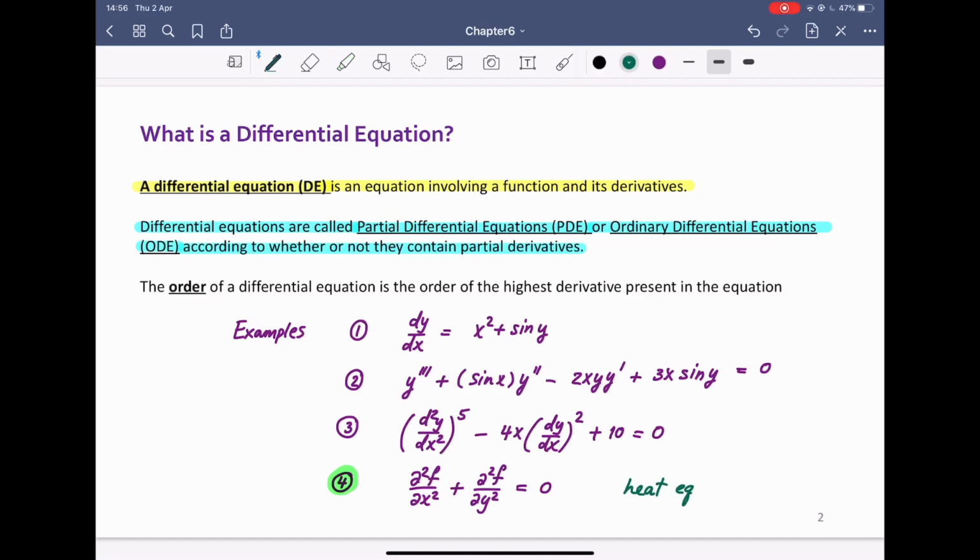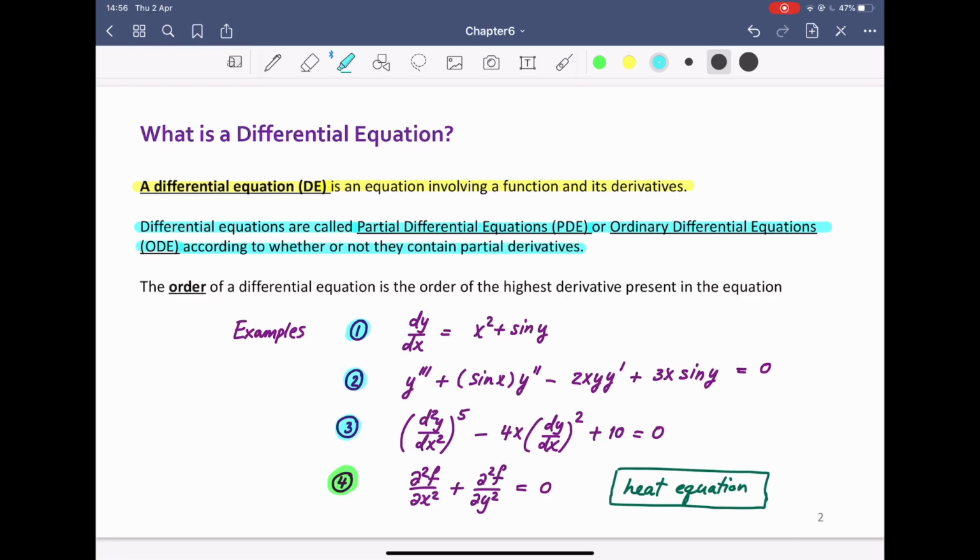Some of you could see this in the future. When you model heat, you're going to use this differential equation. And if the differential equation does not contain partial derivatives, we just call it an ODE, ordinary differential equation. The examples are number 1, number 2, and number 3. They are all ODEs.